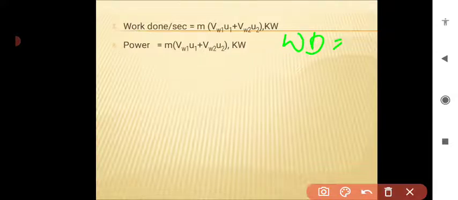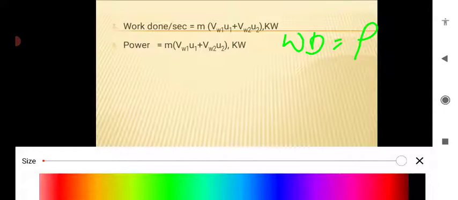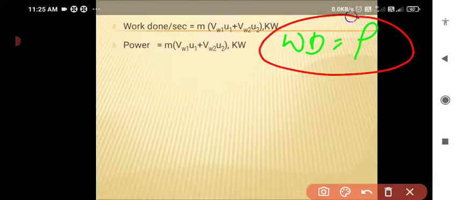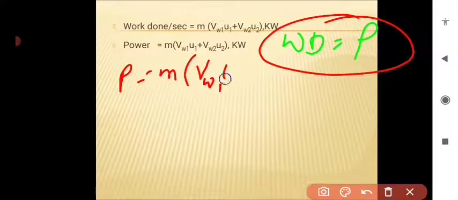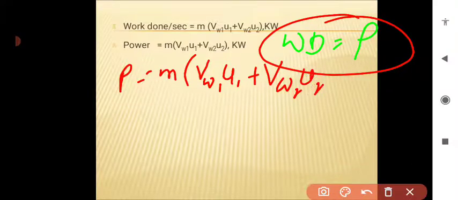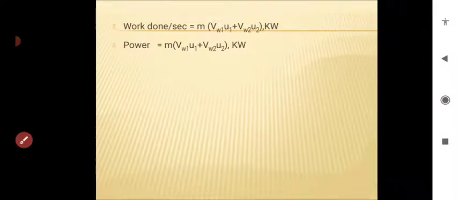Work done is equal to power, so the power is equal to m into (Vw1 u1 plus Vw2 u2) in kilowatt. Here m is equal to wQ by g, and finally written as m is equal to rho Q.